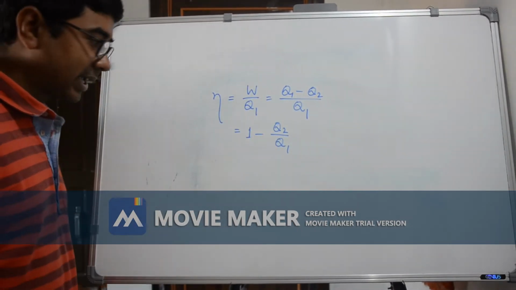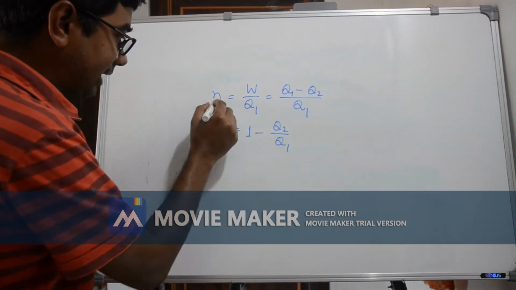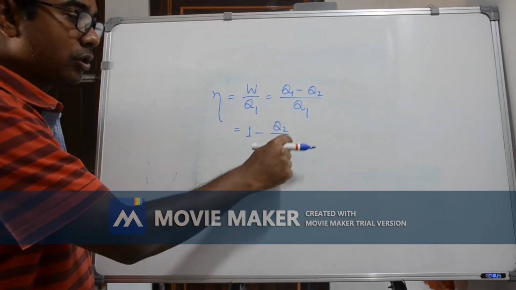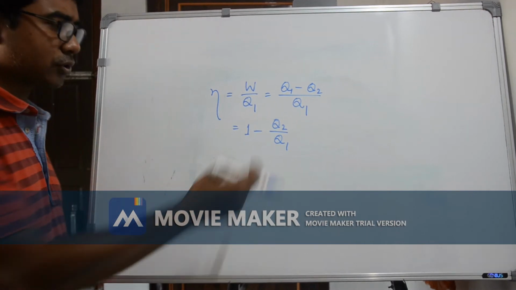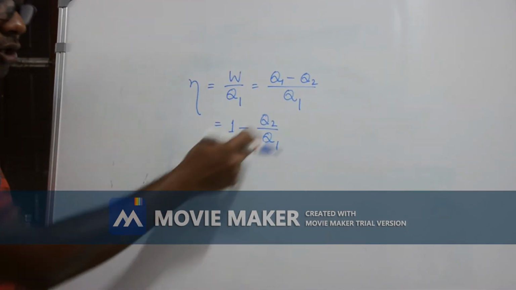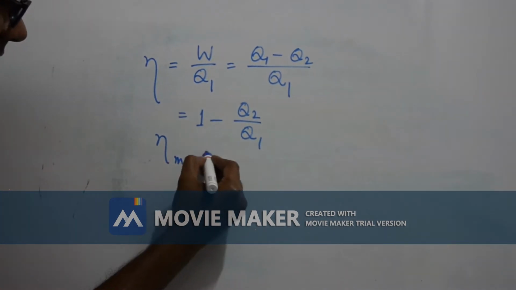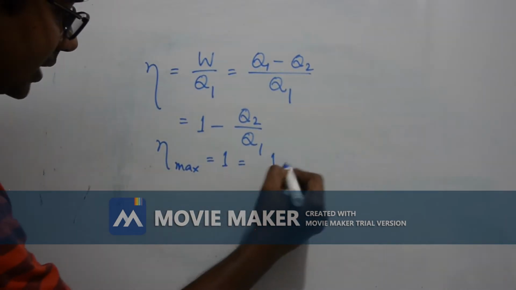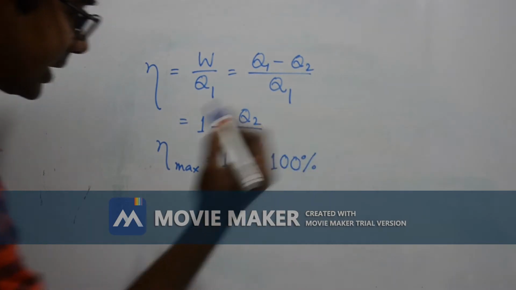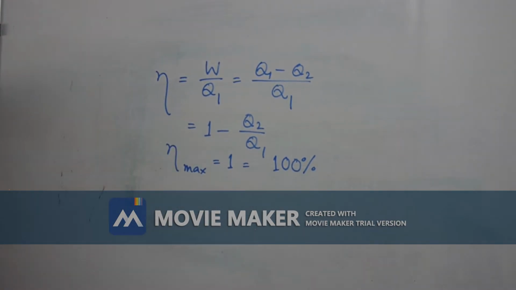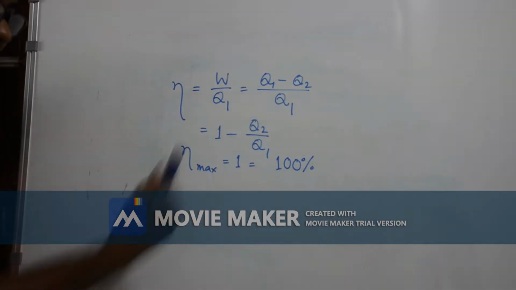So the maximum value it can achieve is 1, and that's only in those cases where Q2 is absolutely 0, or Q1 is so very large that we can neglect this ratio in comparison to 1, and at that point eta max can go to 1, or 100%. In real sense, no heat engine can actually have an efficiency of 100%. It has to always be less than that.